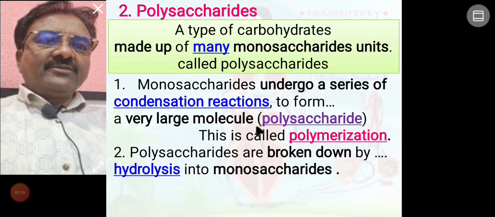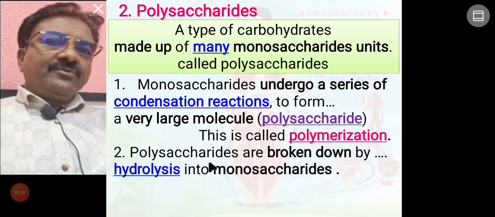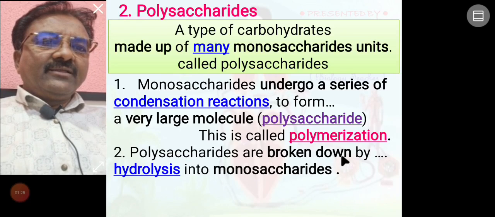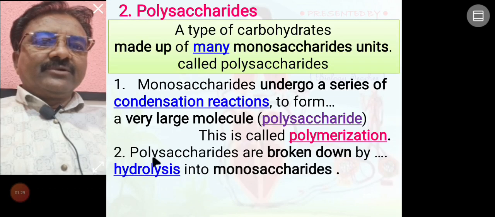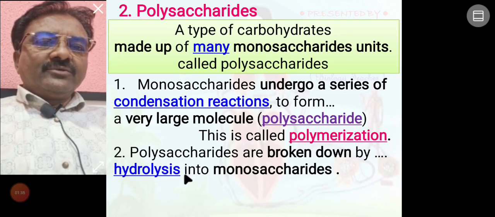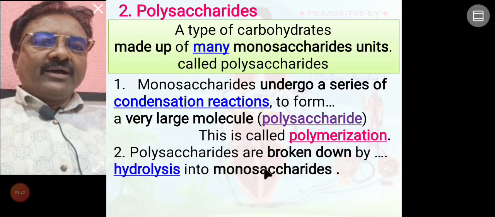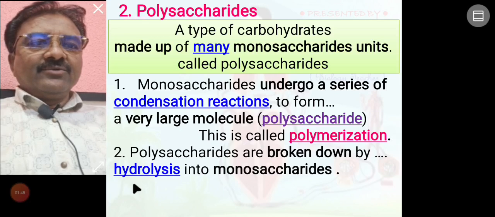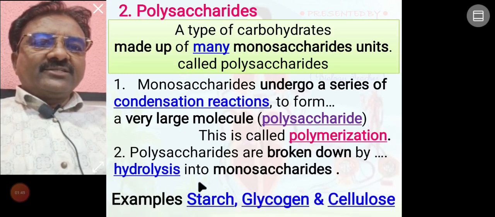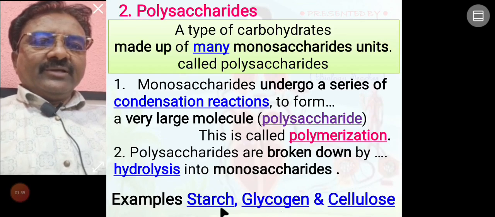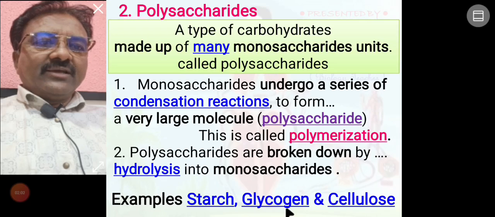Polysaccharide is one of the large molecules containing a number of monosaccharides. So if it is broken down, the polysaccharide compound is broken down by the hydrolysis process, and the smaller units that form we can call monosaccharides. So polysaccharides are broken down by hydrolysis into monosaccharides. Examples: starch, a polysaccharide compound, glycogen also, and cellulose also a polysaccharide compound. We will discuss starch, glycogen and cellulose in detail.